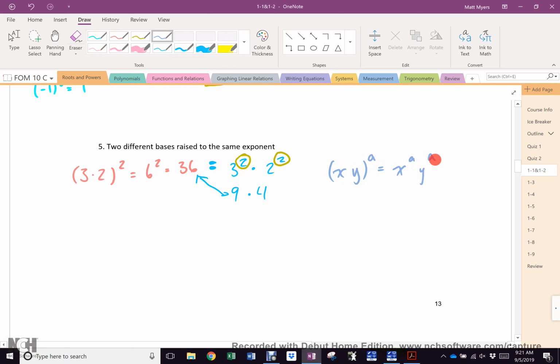Now, here is where things start to go a little haywire for kids in exponents, because now we've done 5 different things, yes? Some of you have seen all of them. Some of you have only seen some of them. But all of you need to remember what I'm about to say. Every single exponent rule applies all the time.